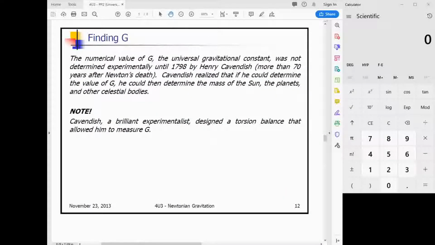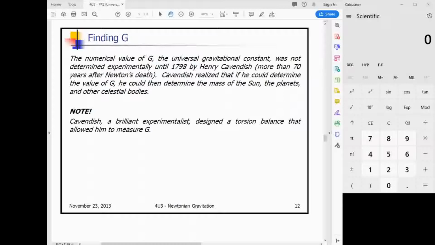Now that big G is actually quite interesting because it took quite a bit of time to calculate this, and it took an ingenious experiment that was developed by Henry Cavendish. He was a famous scientist, and he lived in the time shortly after Newton.